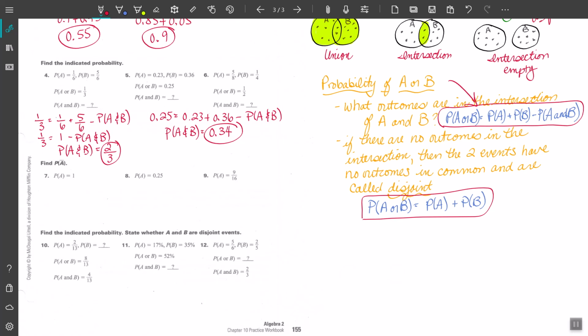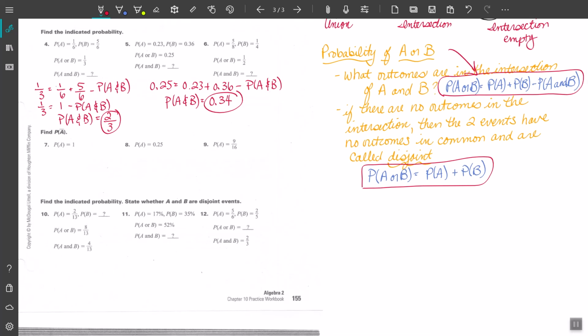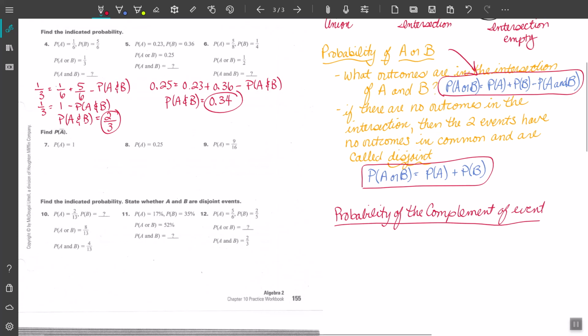And it comes with its own formula. So the probability of the complement of an event is going to have its own formula. So this is the things that will not be in the event.